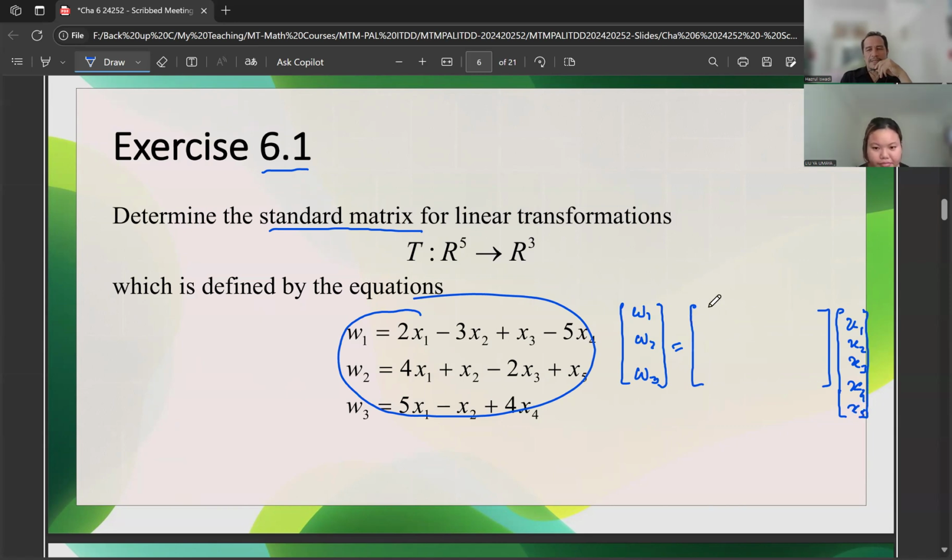So the matrix will be what we have here: 2, 3, minus 3, 3.